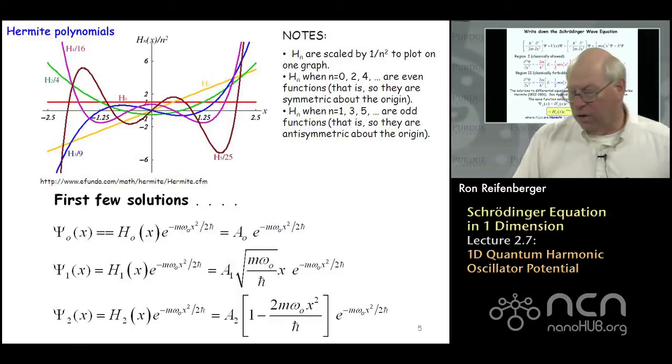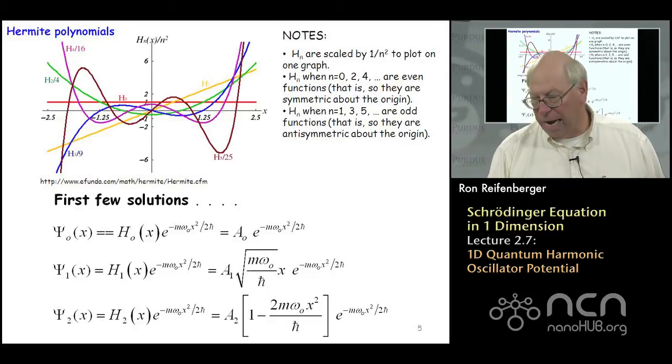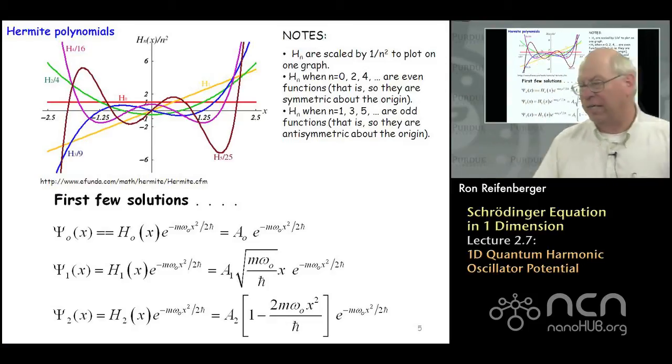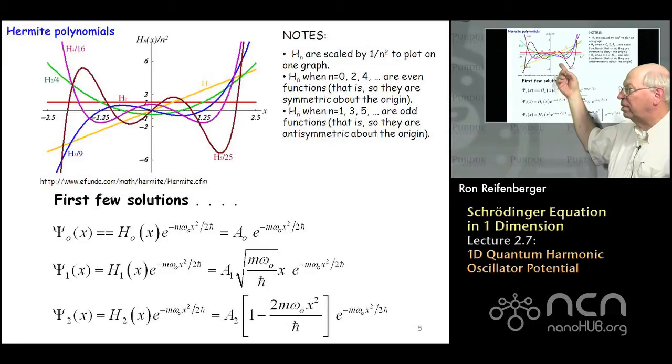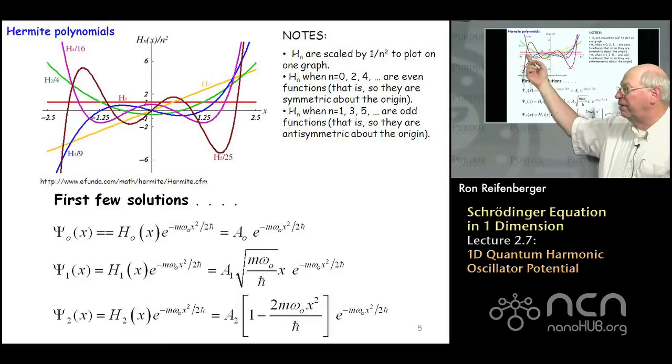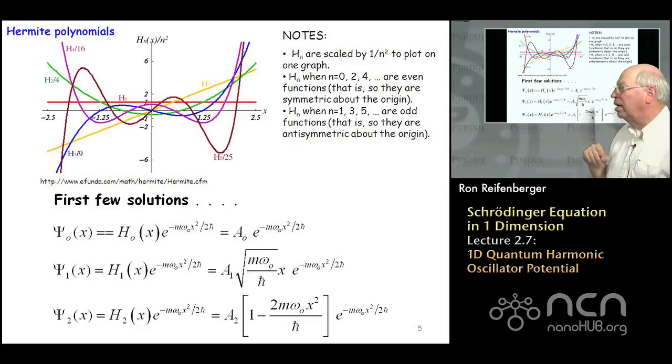So these Hermite polynomials are complicated objects that basically oscillate with position. And what I do here is plot the first few Hermite polynomials. When n is equal to 0, that's just a constant value given by this red line here.